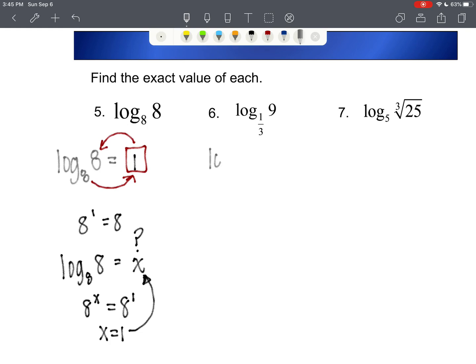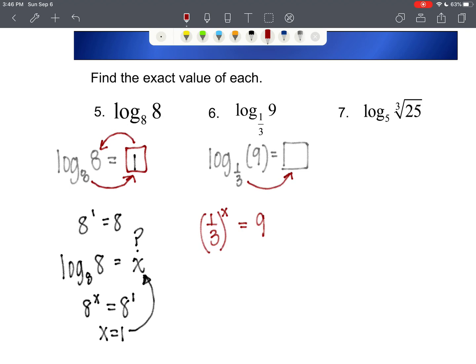For instance, let's do the next one. Log base 1/3 of 9 is equal to what number? So 1/3 raised to what power is equal to 9?